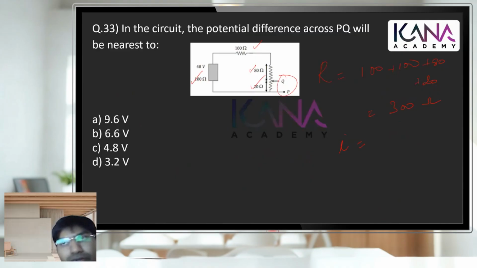And current I will be 48 volts by 300, so it will be 0.16 amps. So then the voltage across this 20 ohms, we need to find across this 20 ohms, will be I into R. So it's 0.16 amperes into resistance 20. It will be 3.2 volts.